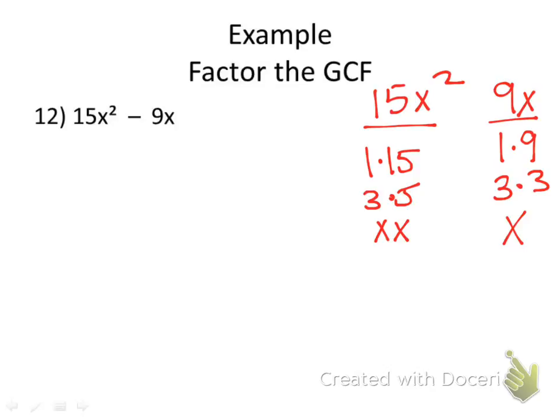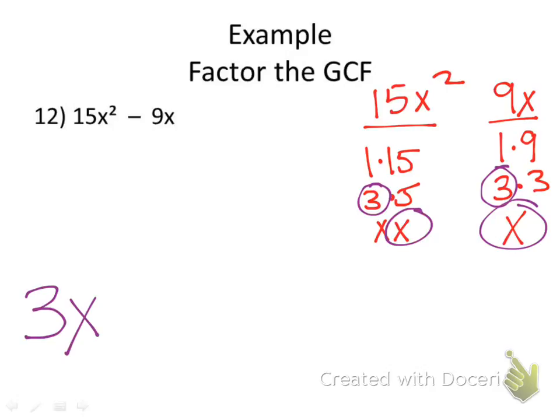All right, so what's the biggest number they have in common? 5. Wait, 3's right. 9 doesn't have a 5, so 3's good. One has 2 X's, one has 1 X, so they each have at least one X. Good. So I am going to write 3X in the front.